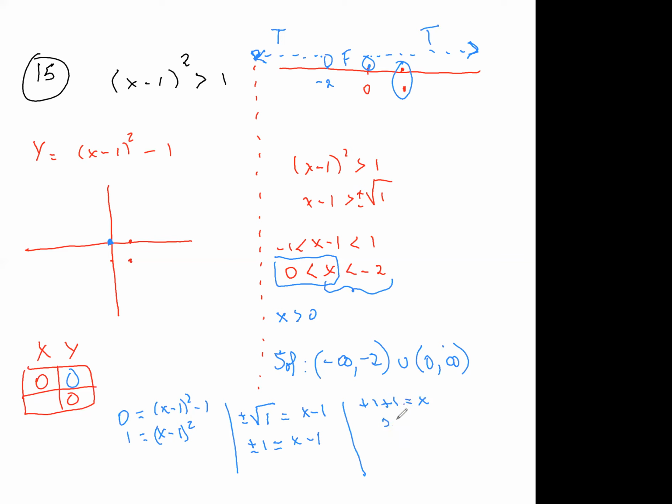That is equal to the same value that you have right here. And the next one, we got x equal positive 1 minus 1.